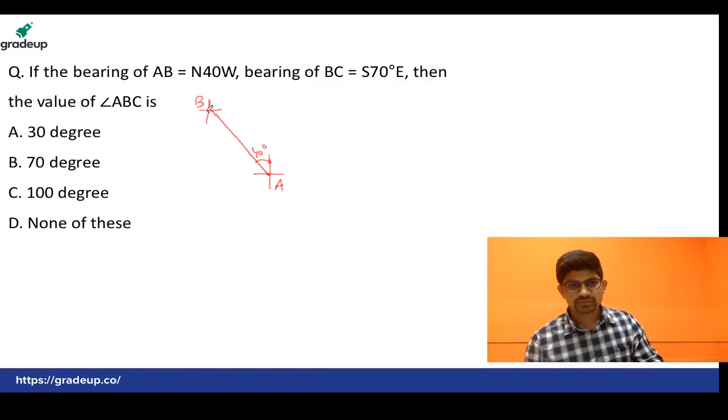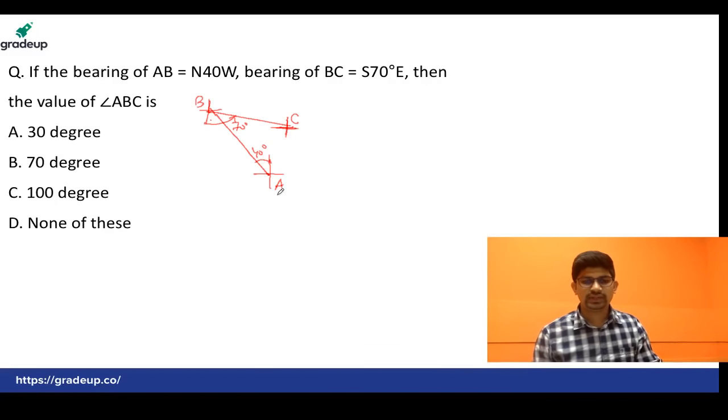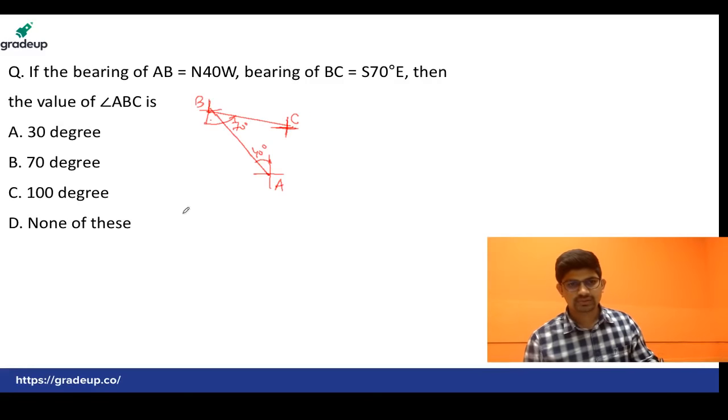So here it will be like this, and this angle will be 70 degree. So you have to calculate the included angle, angle ABC.